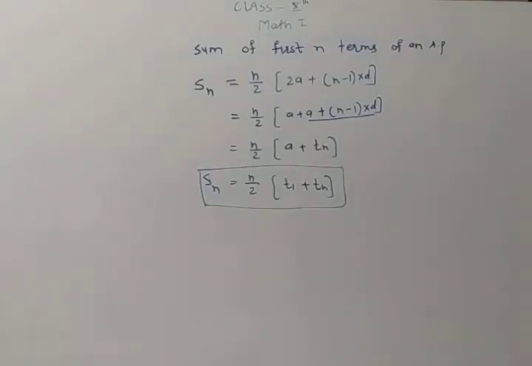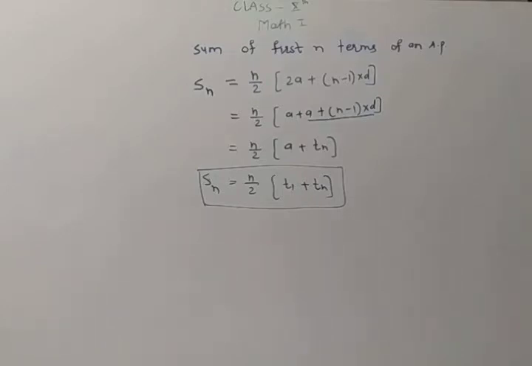The first term and common difference of an AP are 6 and 3 respectively. Find S27. Here the first term A equals 6, D equals 3, S27 equals question mark. Therefore, Sn equals n upon 2 into (twice A plus (n minus 1) into D).